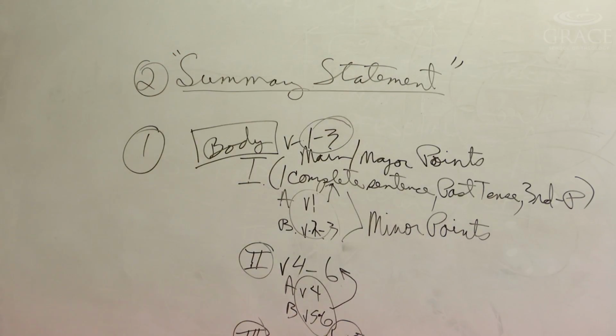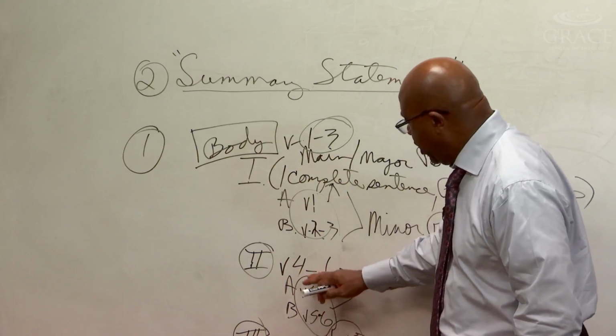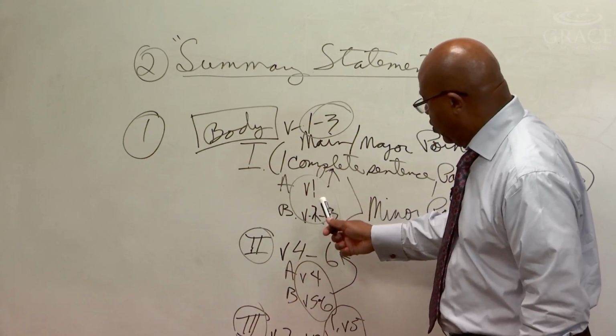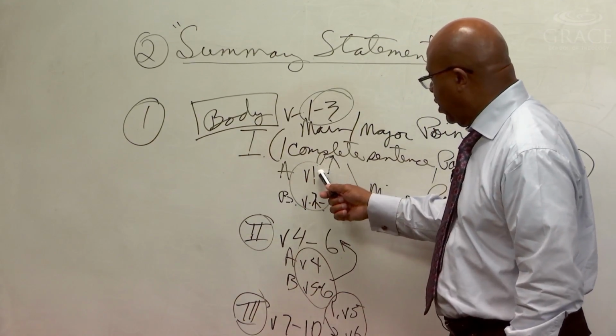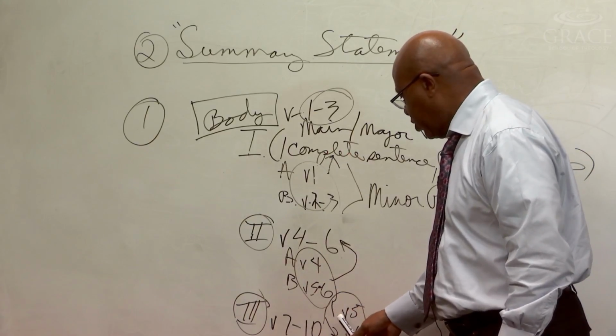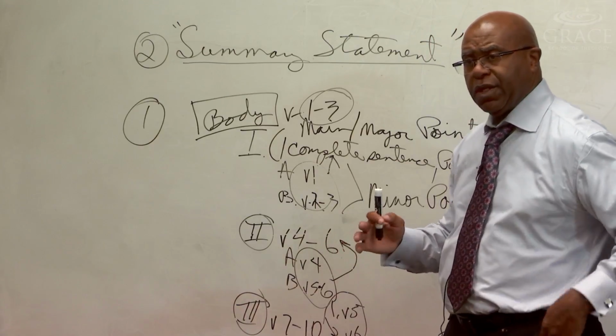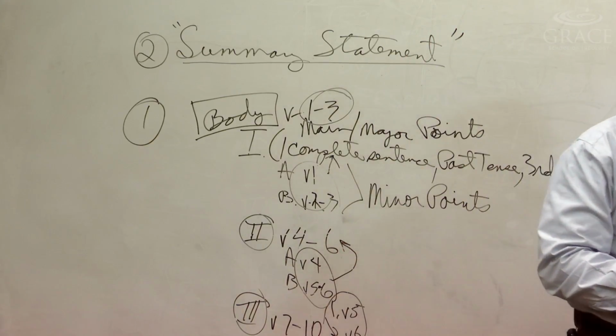All right, so that's the key: each one of these trees up to the main point. Within here, A and B, and 1 and 2, will tree up to this main point. So you've got to remember that they're treeing up, if you will.